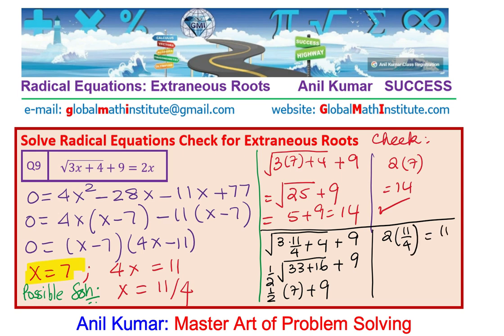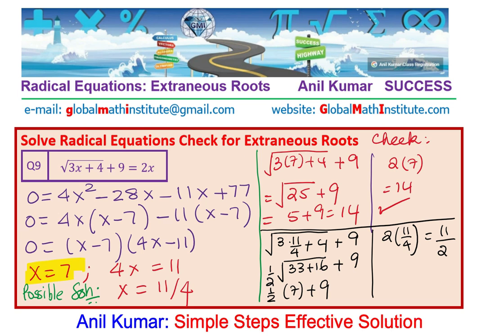Which is 11 by 2. So here, how much do I get? If I do half of 7 plus 9, it is basically equal to 7 plus 18, right? As a common denominator, we could say 7 plus 18 divided by 2, and that is equal to 25 by 2, right?